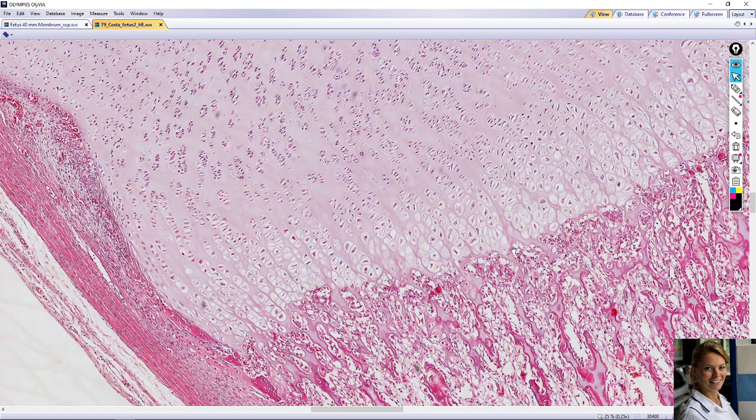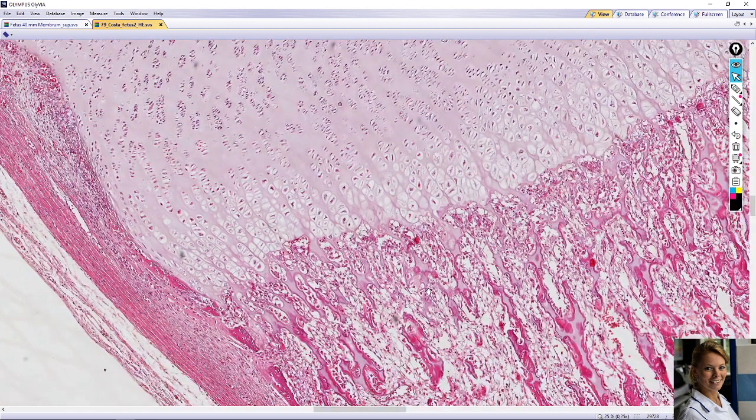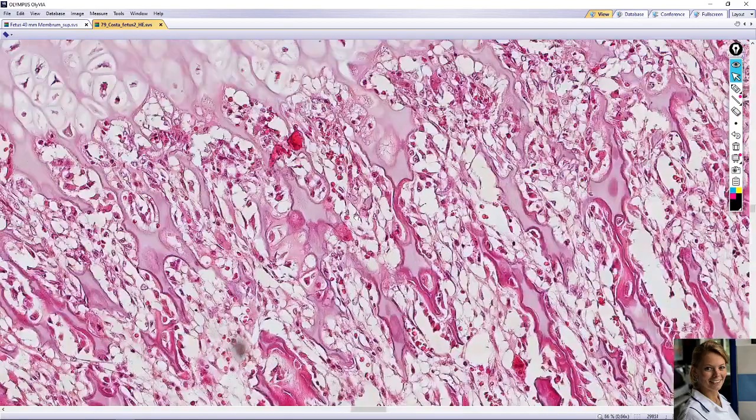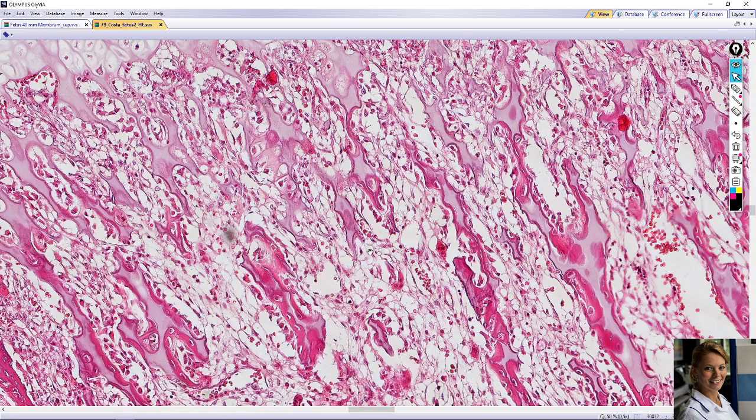Here is the erosion zone, and the last zone, the ossification zone, where the osteoblasts settle in a layer over the septa of calcified cartilage matrix and secrete osteoid, which becomes mineralized. And here you can see erythrocytes in the capillaries in bone marrow. So thank you very much for your attention.